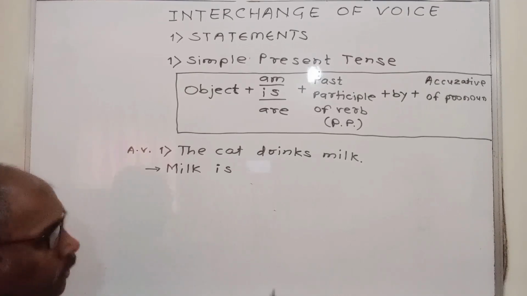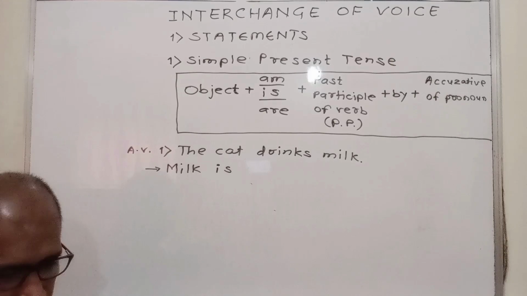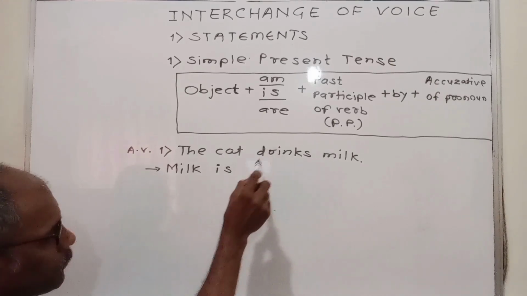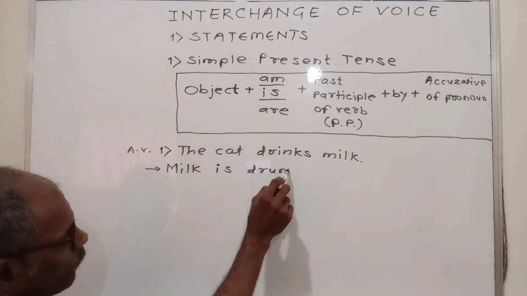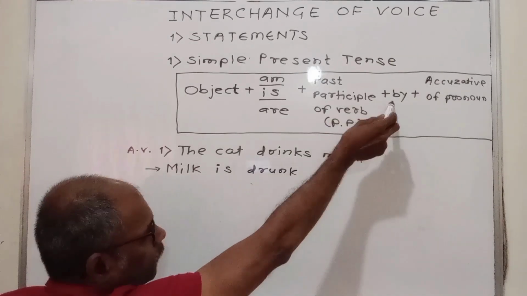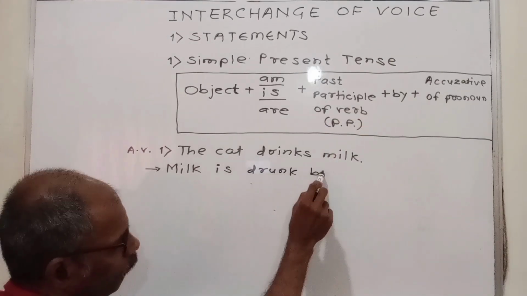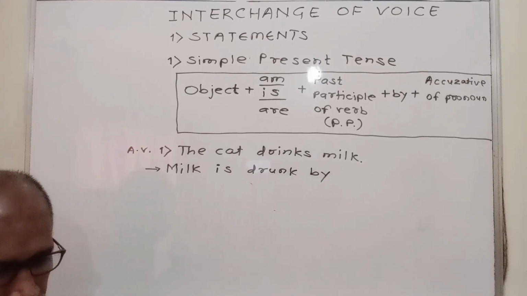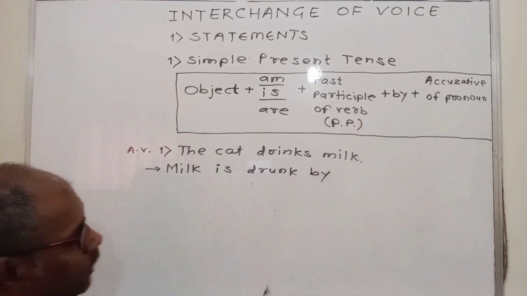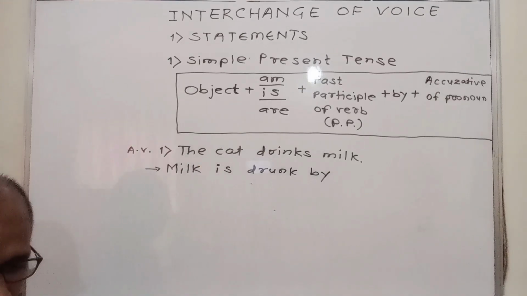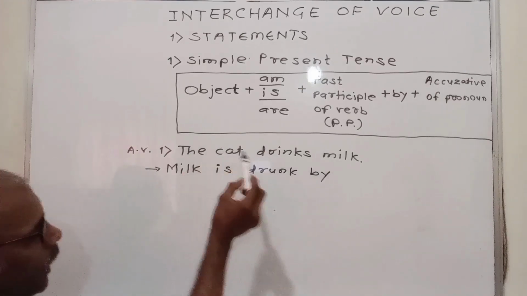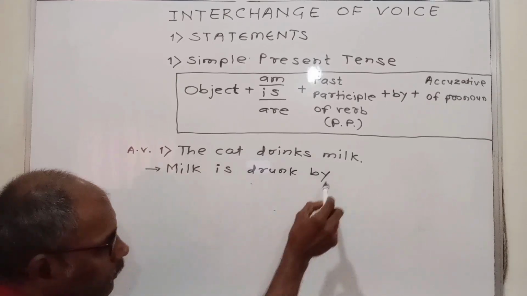And the base form of it is drink. So past participle: milk is drunk. Then what follows? Followed by, and after that, accusative of pronoun. Here the pronoun is absent, the cat is here.